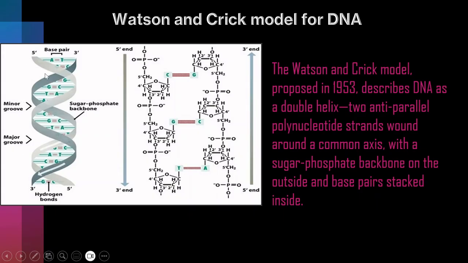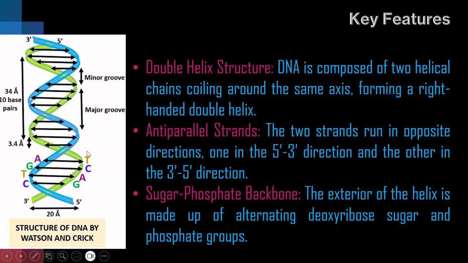One is going downside and the other is going upside. So it is actually 2 anti-parallel polynucleotide strands which contain a sugar phosphate backbone and base pairs stacked inside. So the key feature of the Watson and Crick model is the double helix structure. As stated, they have anti-parallel strands and a sugar phosphate backbone.